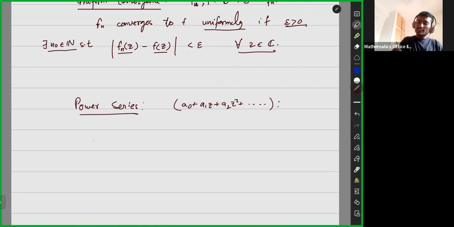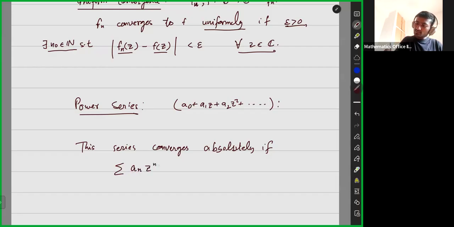But wherever we say it converges uniformly, this series converges absolutely. Sorry, not uniform. Converges absolutely if the series of real numbers, the modulus of a n z to the power n, n from 0 to infinity, converges.